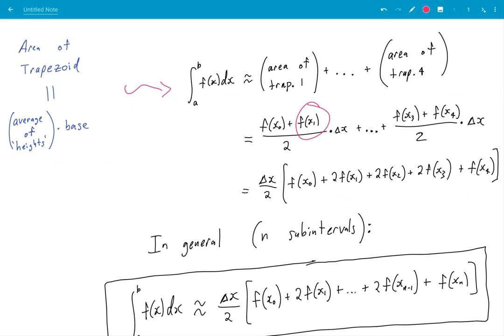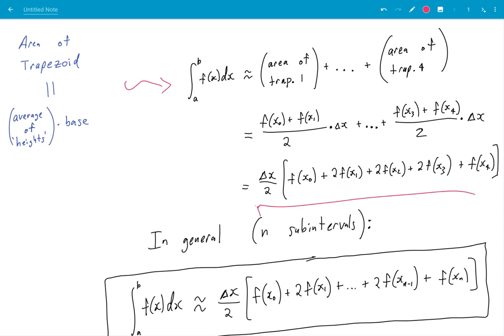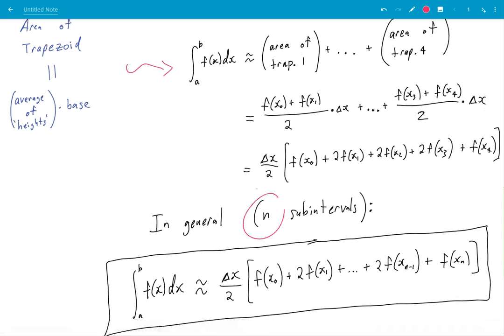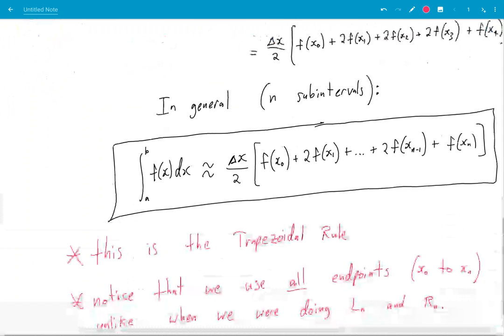That gives me a 2 right there. Anyway, this is the formula when I have 4 subintervals, but when I have n subintervals, I get this formula here. We call this the trapezoidal rule.